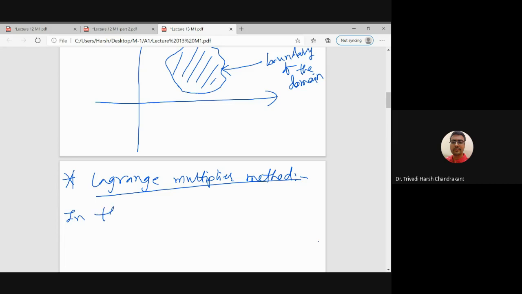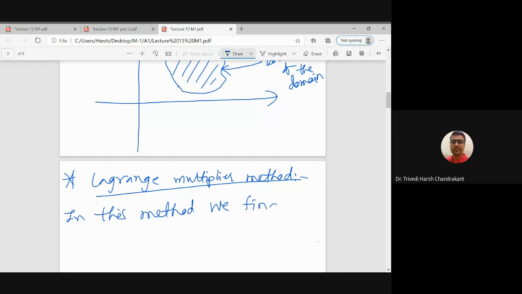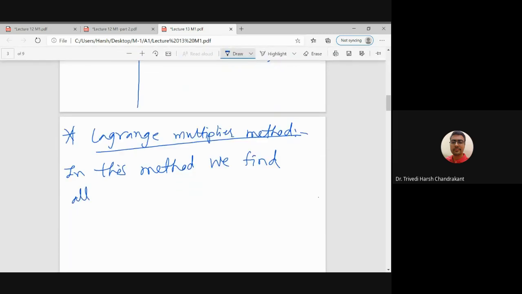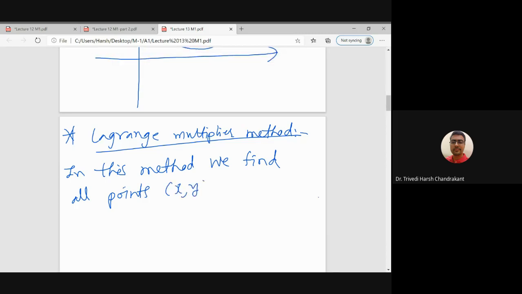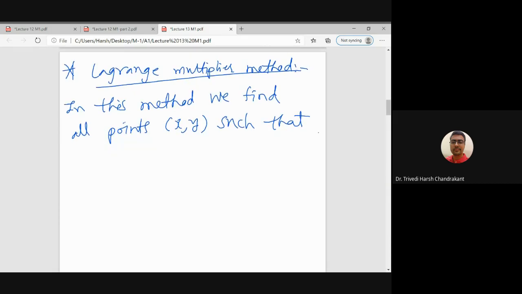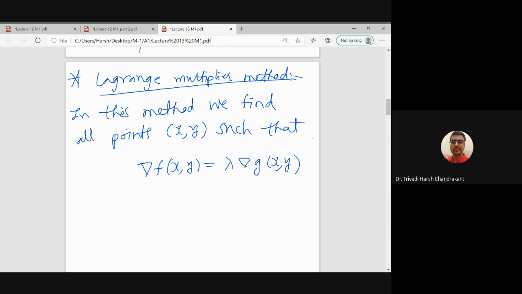In this method, we first check that the gradient of g is non-zero at all points satisfying g(x, y) equals 0. Then we find all points (x, y), basically the critical points, such that they satisfy the following equations. The first equation is gradient of f equals lambda times gradient of g, and the second equation is g(x, y) equals 0.